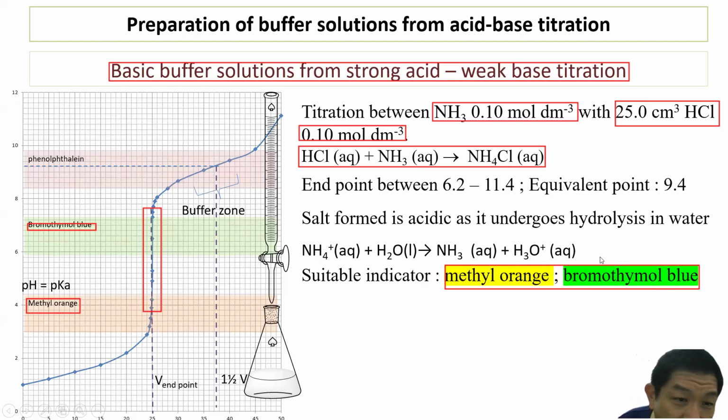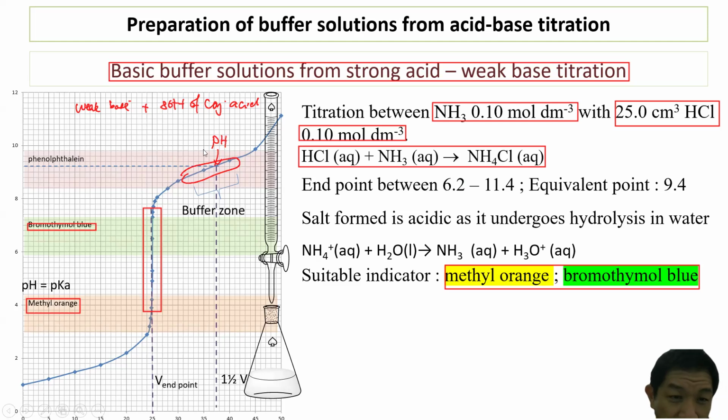So where is the buffer zone here? In order to produce a basic buffer solution, you must have a weak base plus the salt of its conjugate acid. In this case, the buffer zone is here, and half of the volume here indicates the pH.